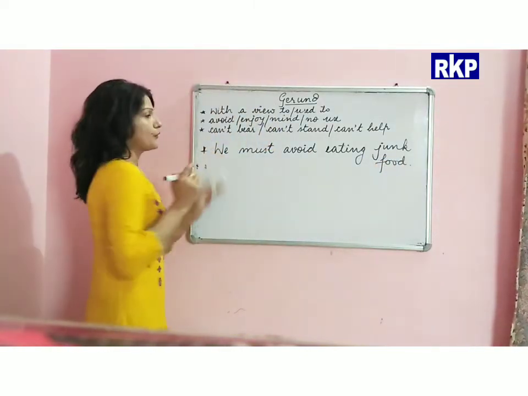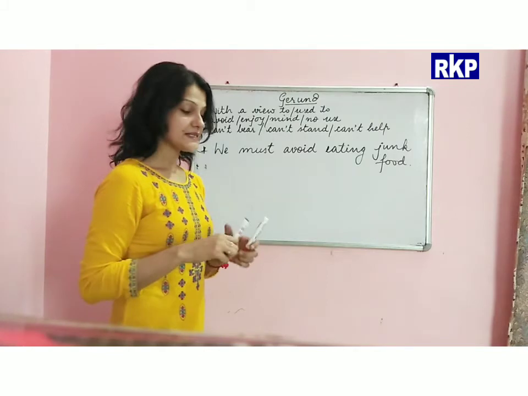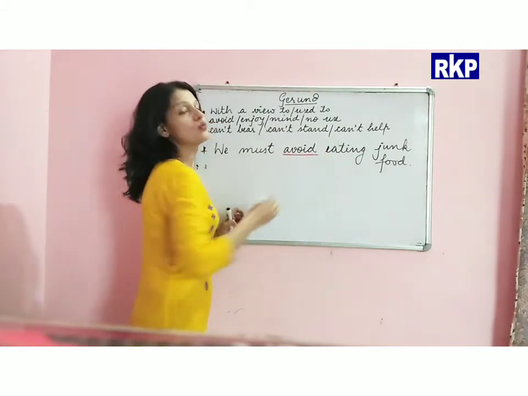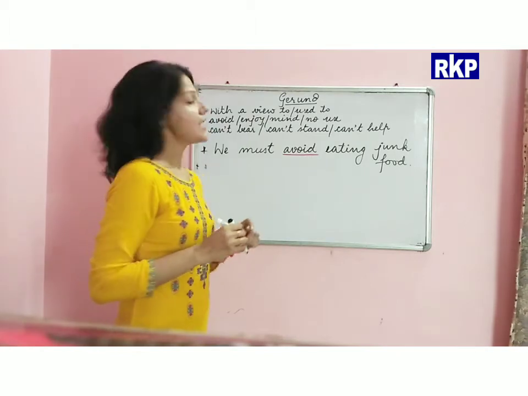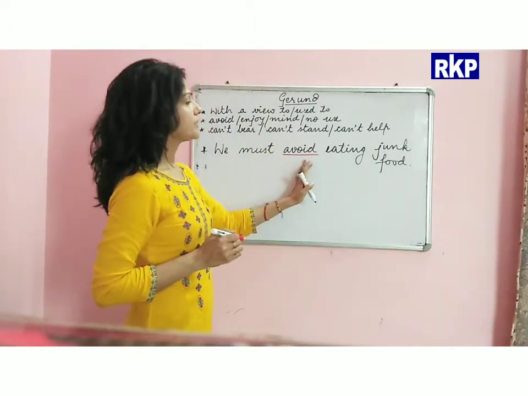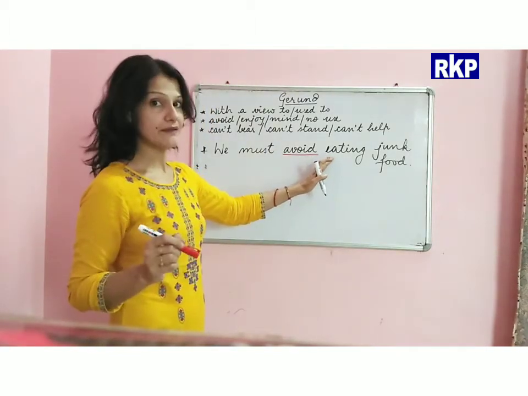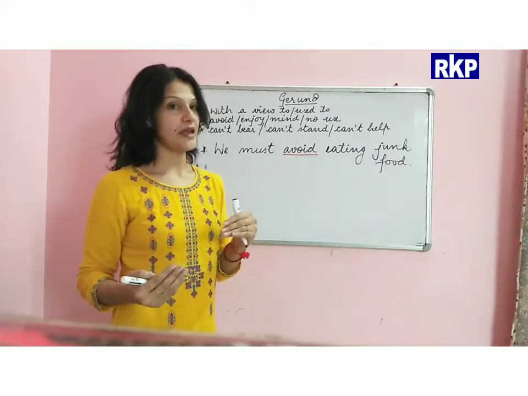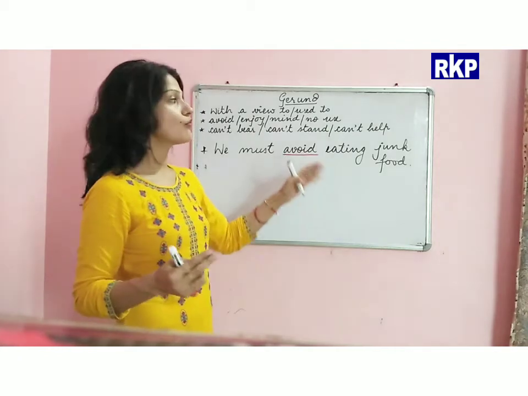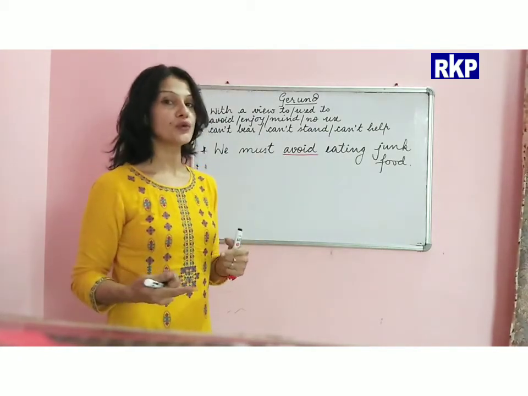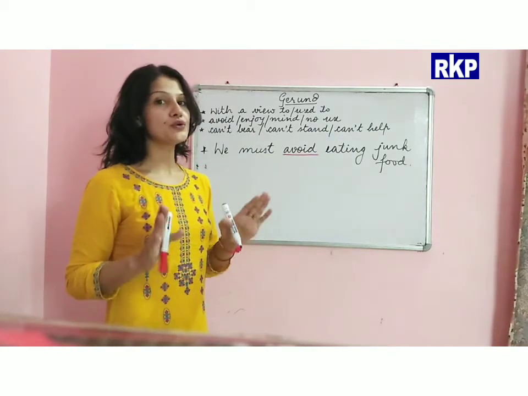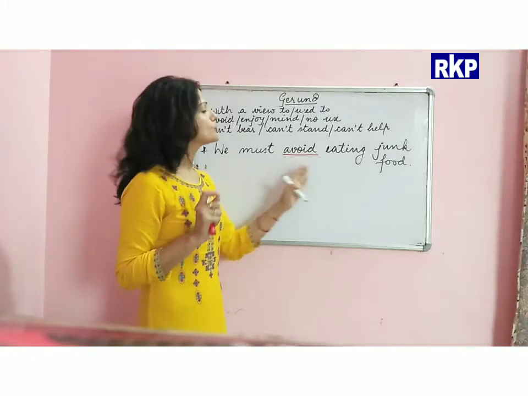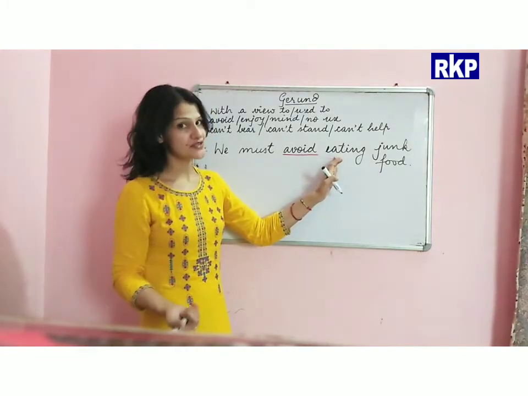Alright, we must avoid eating junk food. Now here is the verb avoid, and after avoid we use gerund. Okay, we do not use to infinitive here. Okay, we don't say we must avoid to eat junk food. No, whenever you use avoid in a sentence, don't forget to use a gerund after that.